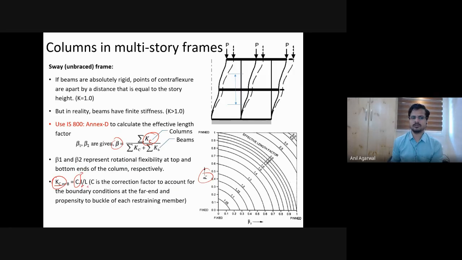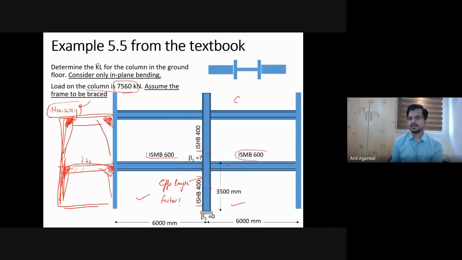I is the moment of inertia of different members and L is the length of different members. But C here also depends on the load acting on each member. The reason is that if a member is a column and it has a heavy load acting on it, its rotational rigidity will be much lower than a beam, or a column not having any actual load acting on it. So that's why this information is provided. What is the load on that member?